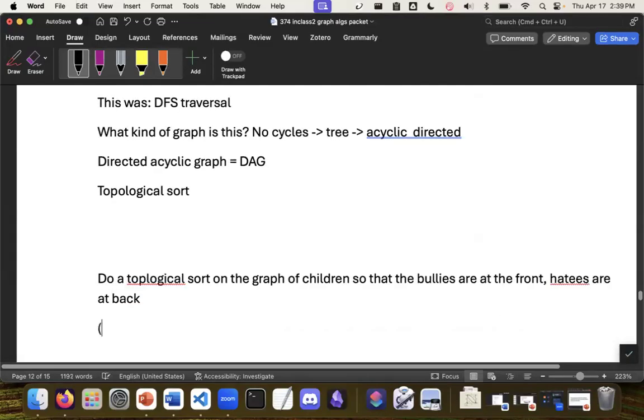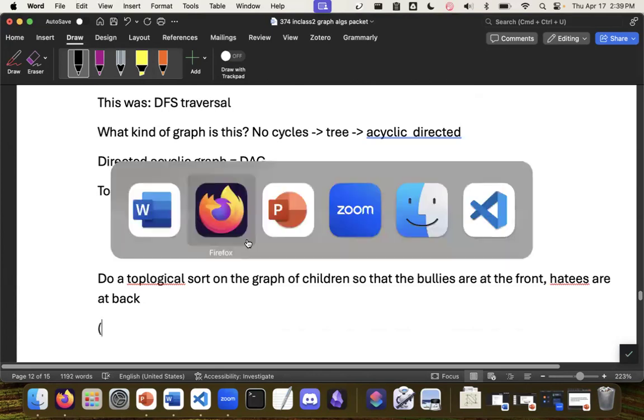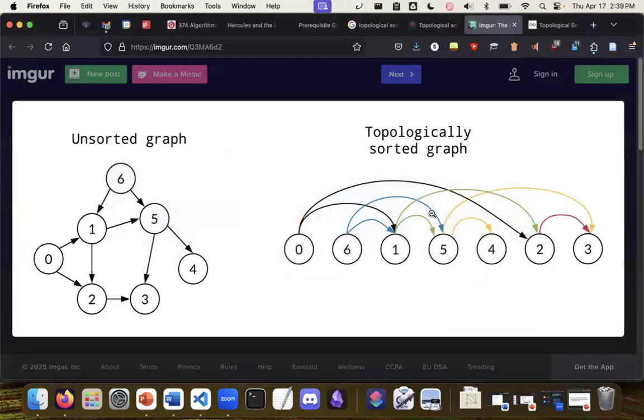And since this is the way that we order it, so the edges go from left to right, maybe we say flip the edges so that if Susie hates Jim, then there's an edge from Jim to Susie.